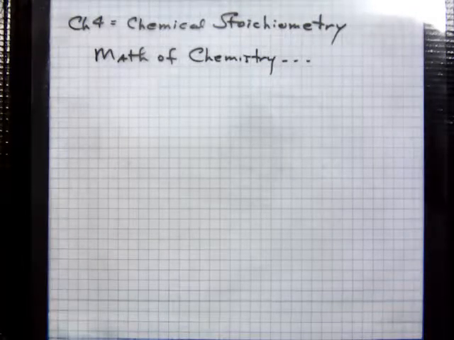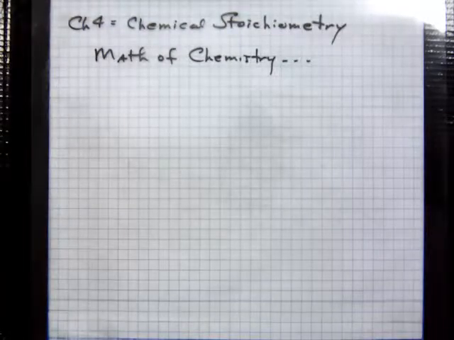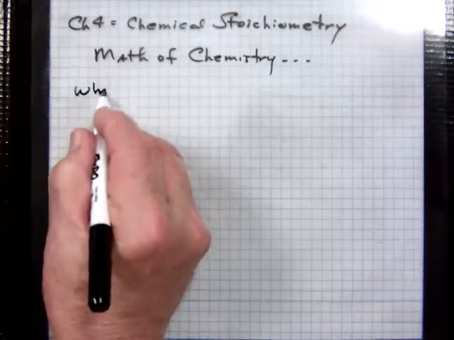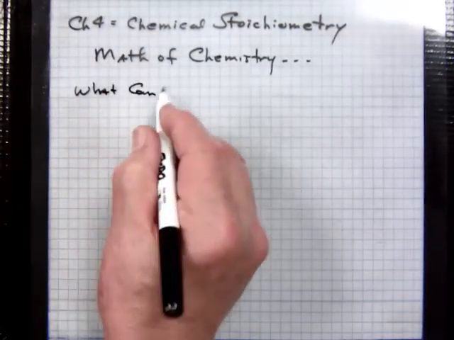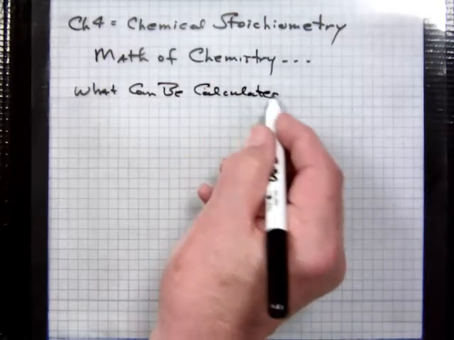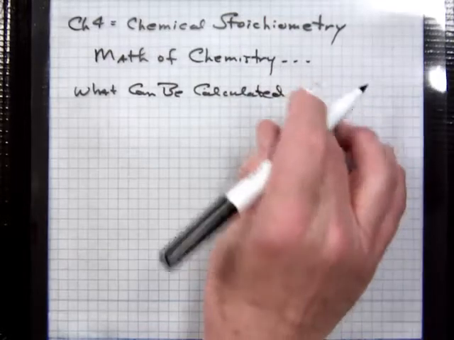When we talk about the math of chemistry, it really revolves around what can you do with a chemical equation. Okay? What's the math of the chemical equation? The question is, what can be calculated from a chemical equation?